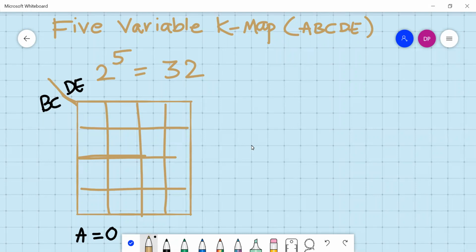Similarly, we will have another 16 cells.